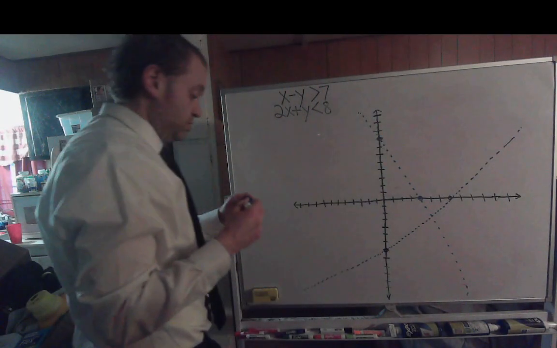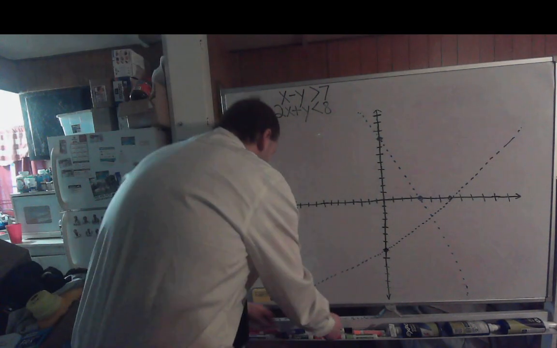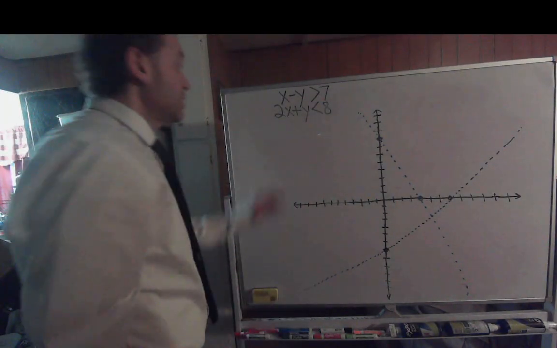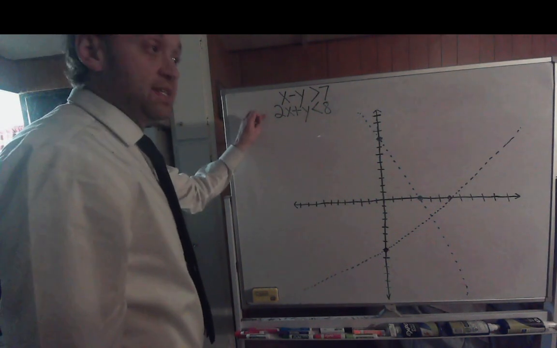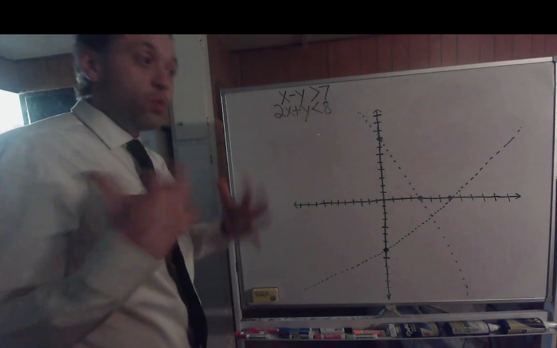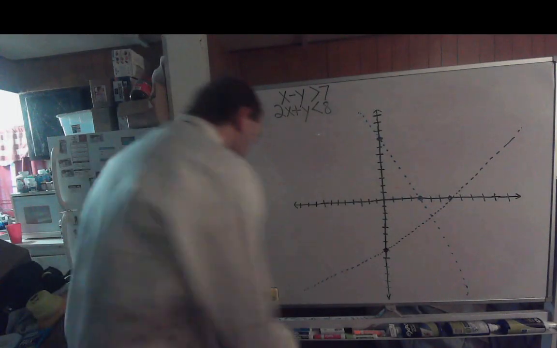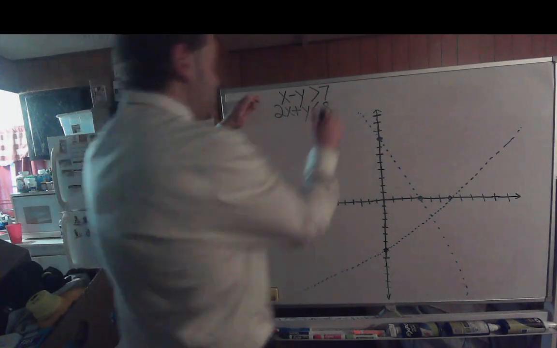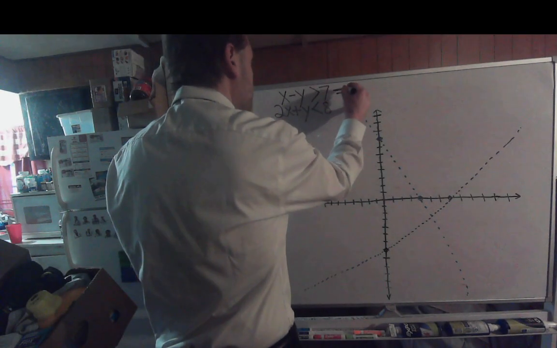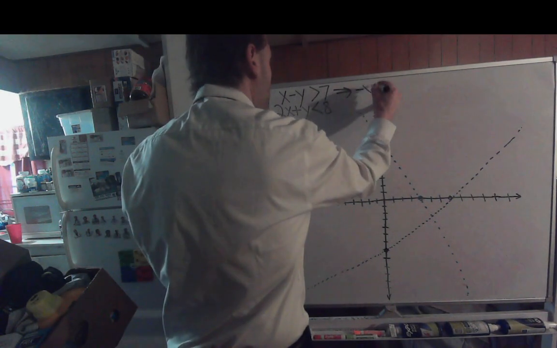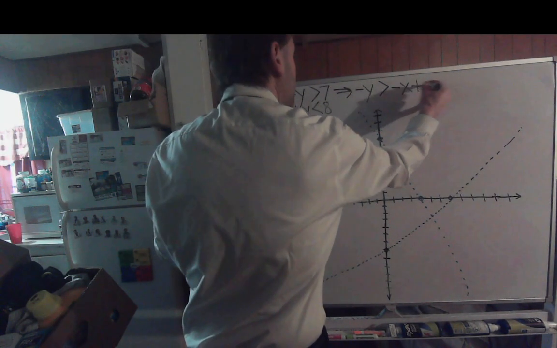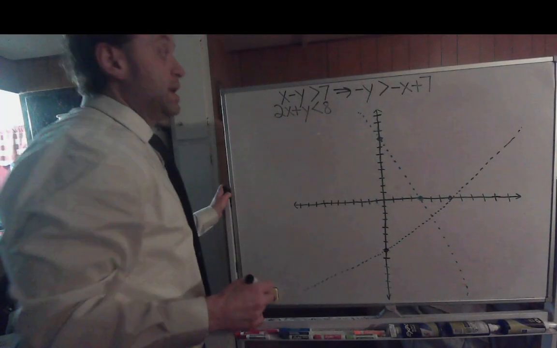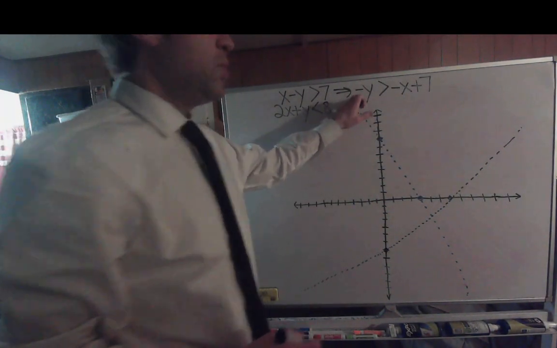And there you go. Now, again, what I'm going to recommend is that you convert both of these into slope-intercept form so you know which parts you are shading. So x minus y greater than 7 is going to start out converting to negative y is greater than negative x plus 7. However, we need to solve this for just y.